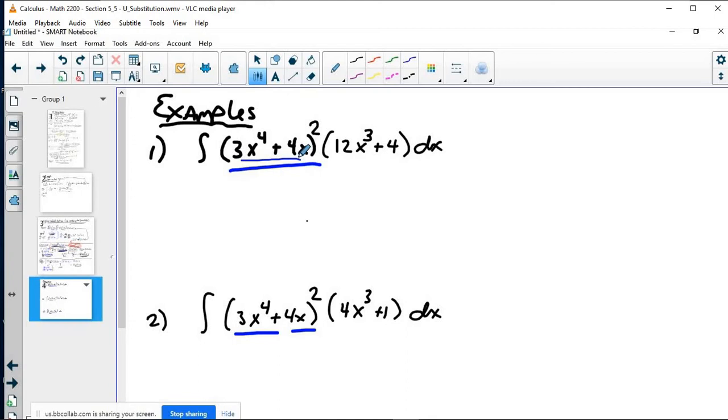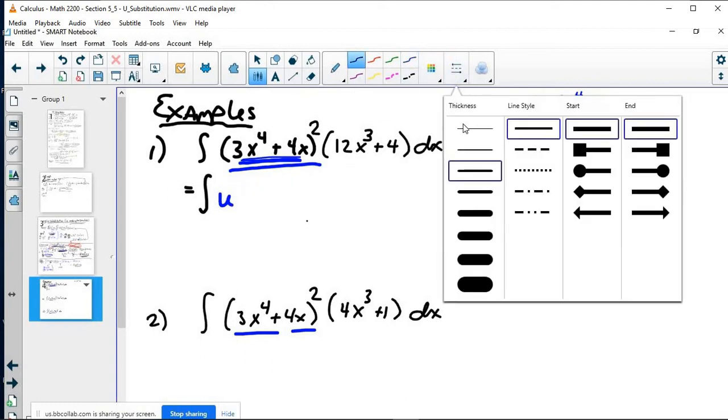All right, so what is the obvious choice here for u? What's inside here? U should be the stuff inside the square, 3x to the 4th plus 4x. That should be your u, okay? So now, here's what's going to happen. I am going to go ahead and write down, right now, I'm going to replace this with a u. And there's 2 reasons I do that.